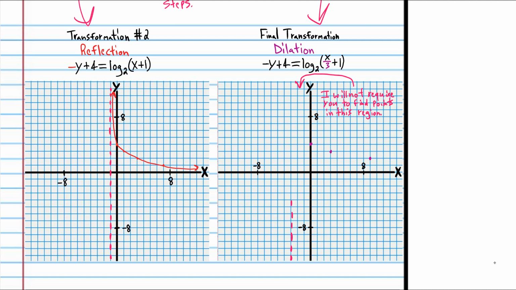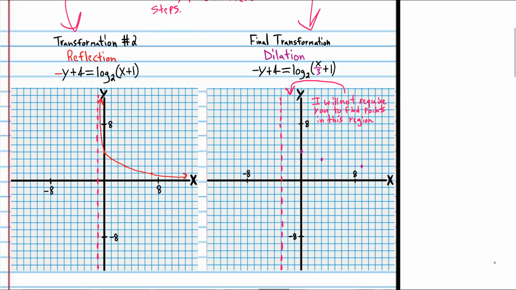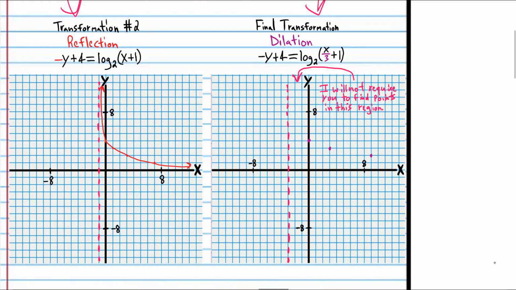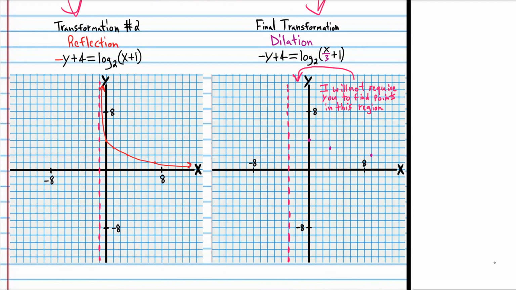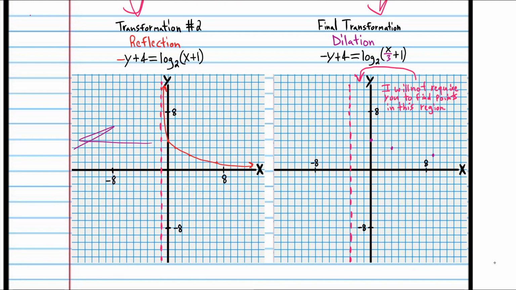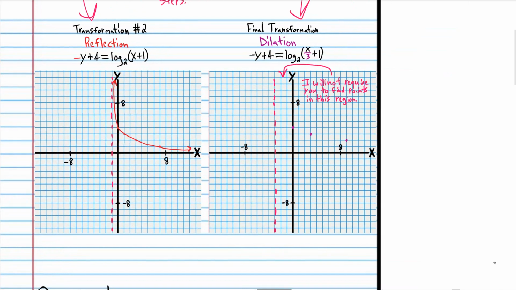So I'm going to change the position. Notice that the position of the vertical asymptote changed because it's a horizontal stretch. So we're pulling the entire graph this way or this way. So that means we're going to pull the asymptote also.